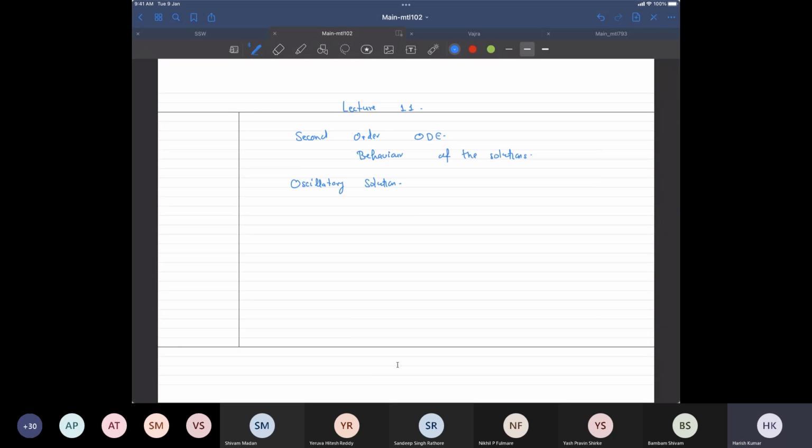Let us consider a second order linear ODE, and I will tell you how we can discuss the solutions of different ODEs. Second order linear ODE, as you know, will look like this. Let's write it in a different form.